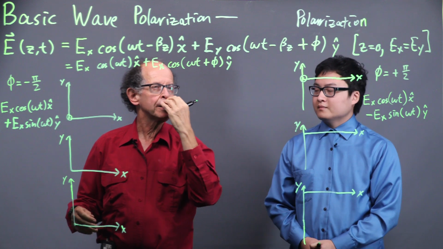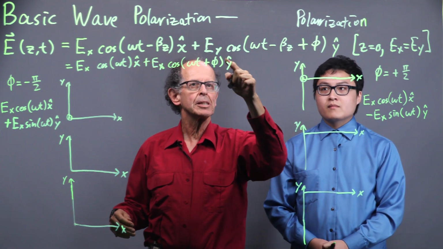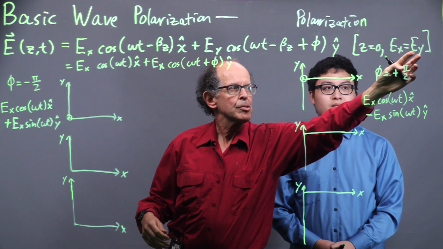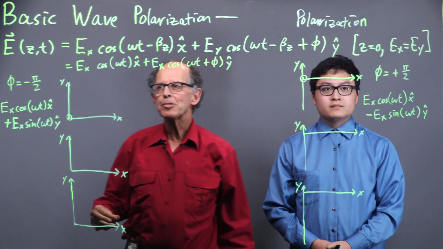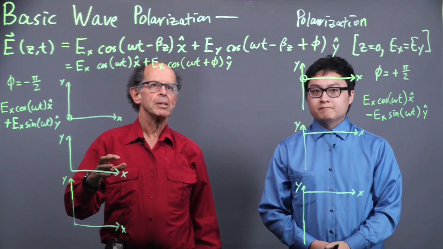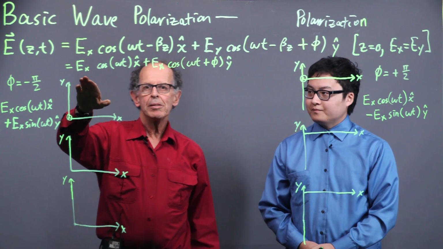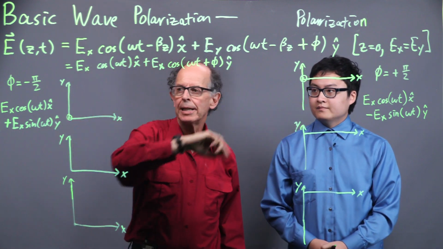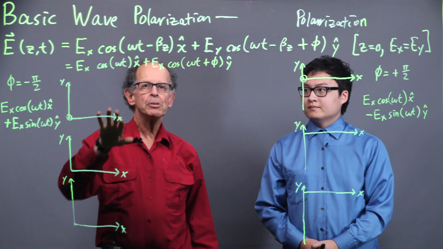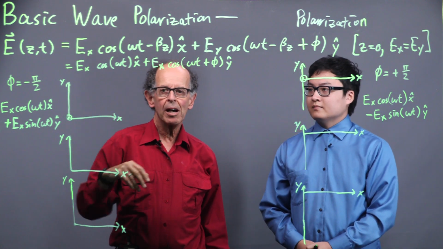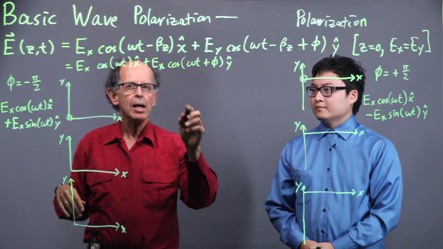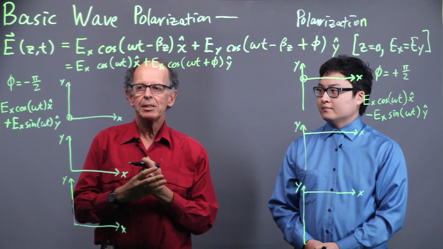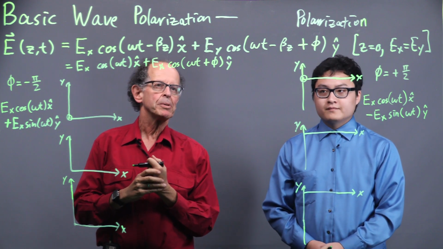The other thing to make it easy to visualize initially is Ex is equal to Ey, and we'll freeze everything at z equals 0. So if we do all that, this is what we get. And now what we want to do is run this through different time steps for different values of omega t and see what we come up with.